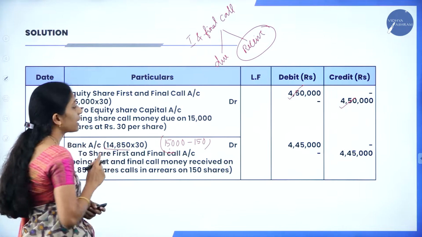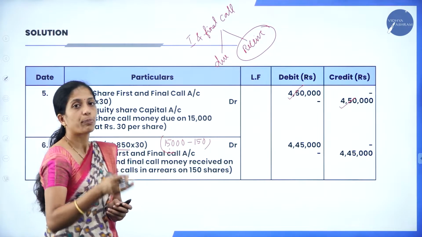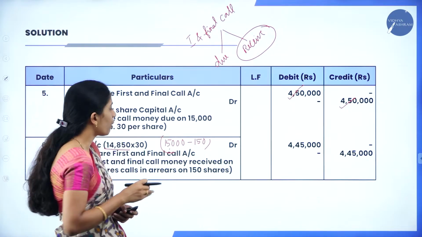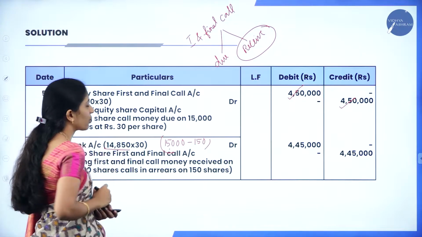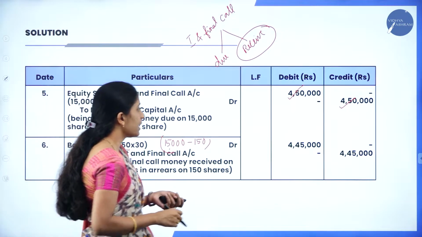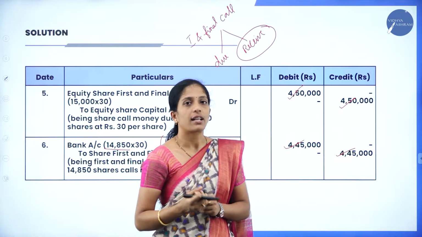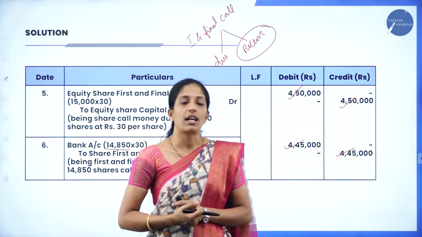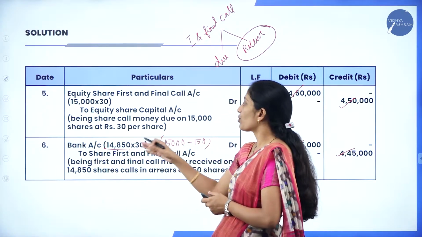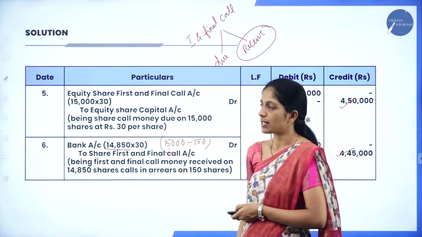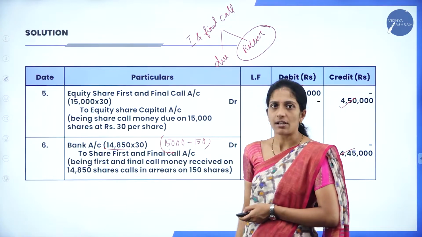In the sense, 14,850 shareholders have paid first and final call money of rupees 30 each. So, 14,850 into 30, how much will you get? 4,45,000. How can you write the narration? Being first and final call money received on 14,850 shares. So, this is about your first and final call.